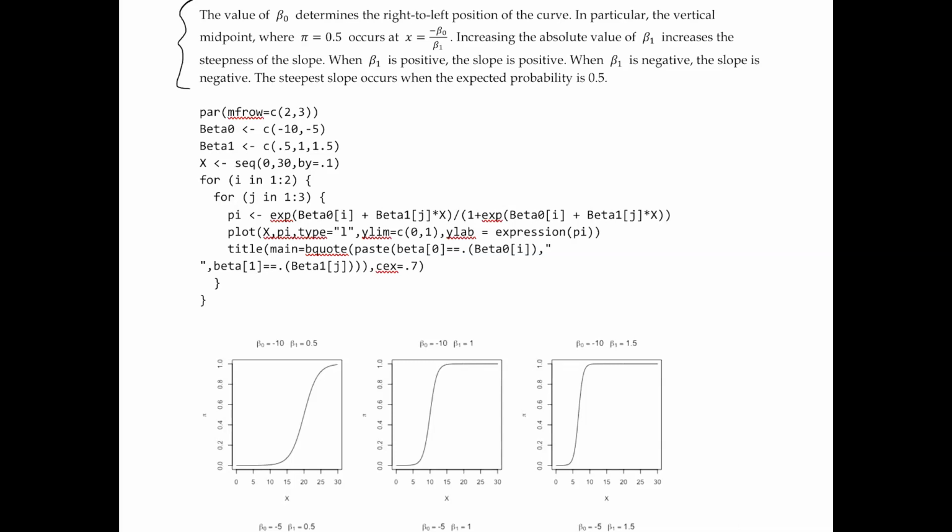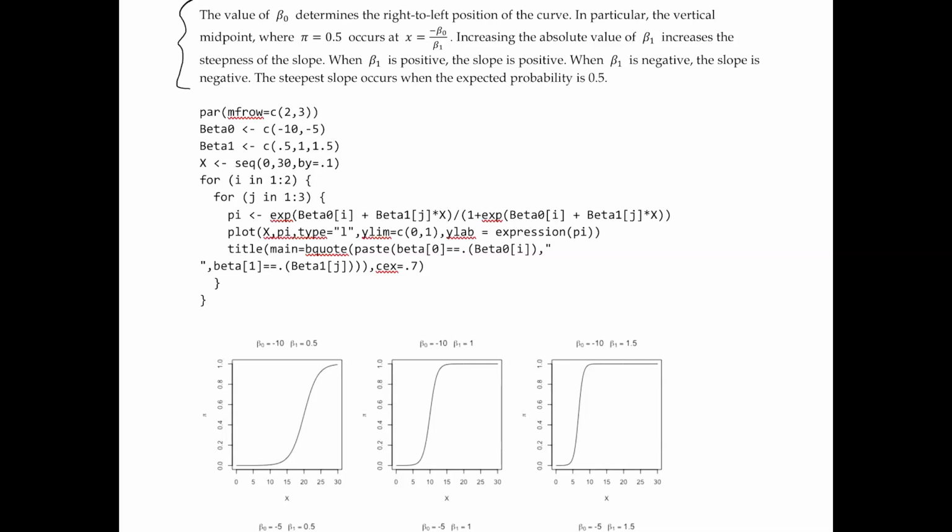Any of you that have a calculus background might think about how you could figure that out using calculus. And then the value of beta 1 controls not only the steepness of the curve, so the higher the magnitude of beta 1, the steeper the curve is, but also whether the curve is increasing or decreasing.